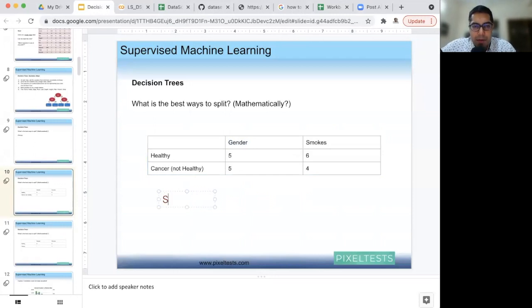So I first chop it at smokes, and there's 6 folks here, and 4 folks here, right? And then again I ask them the question, male or female, right?